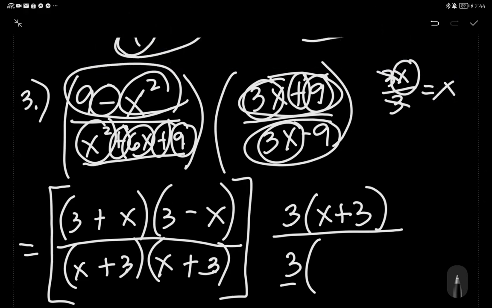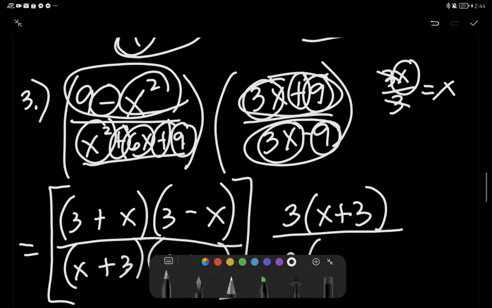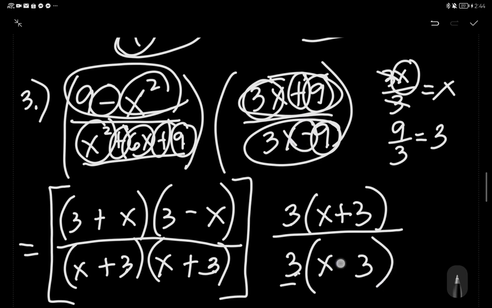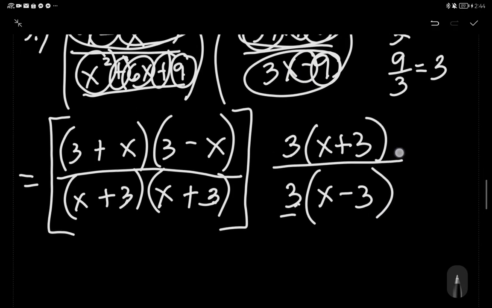Tapos, x ato ibutang. Tapos, si 9 po ang atong i-divide og 3. Now, 9 divided by 3, that is 3. So, 3 ito isulat. Ang naa sa tunga nga sign nilang duha is negative, so negative ito isulat.